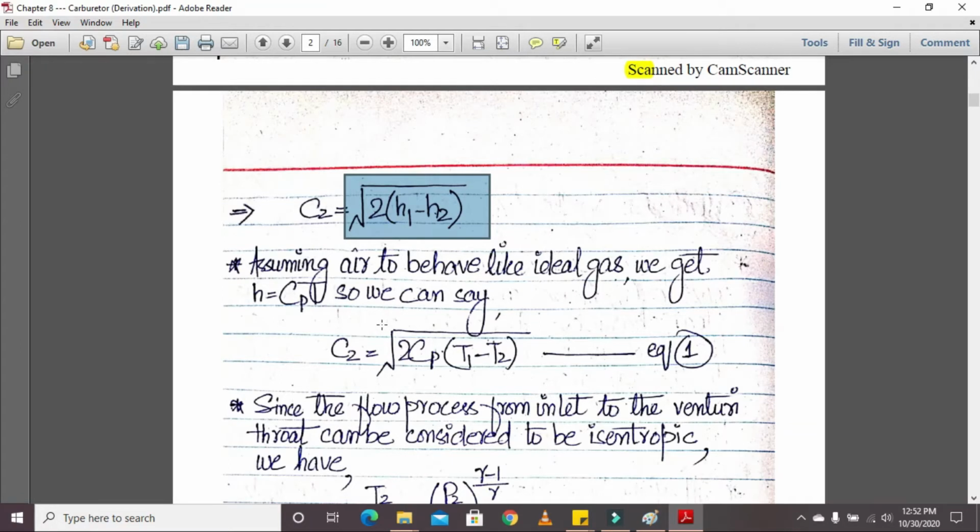It will be simplified into under root 2 times Cp multiplied by T1 minus T2. So right now we have obtained a relation for the speed of the air at the Venturi throat.